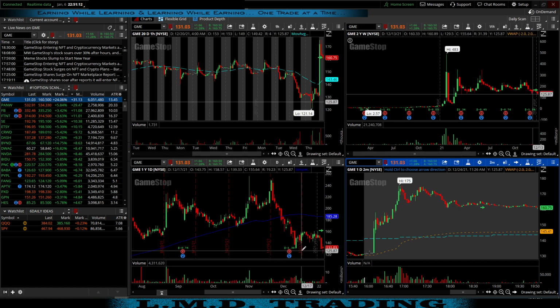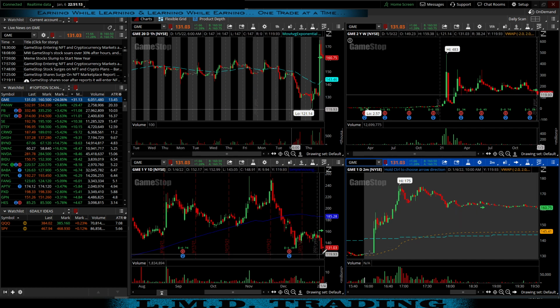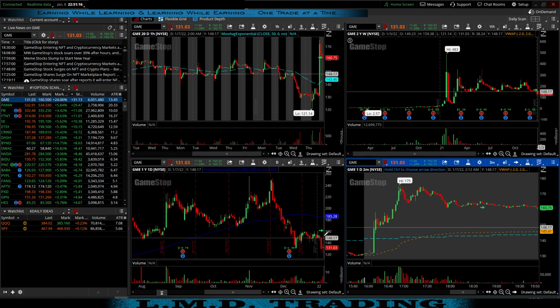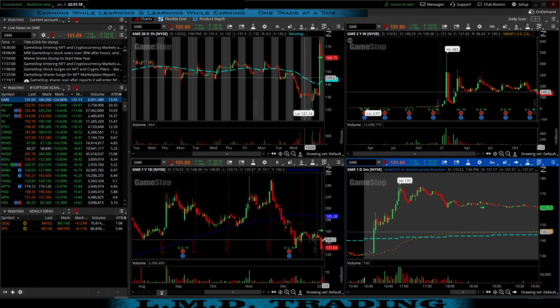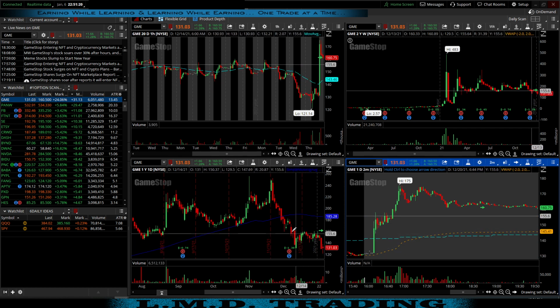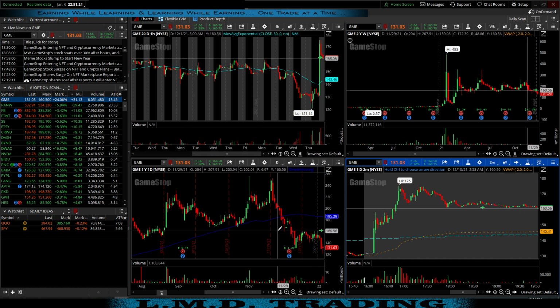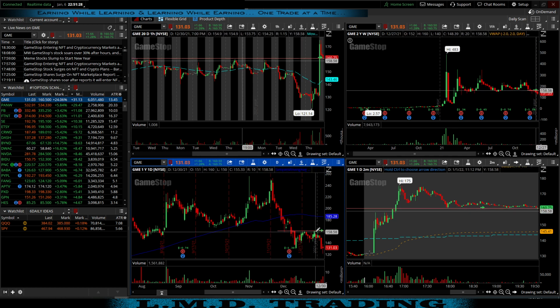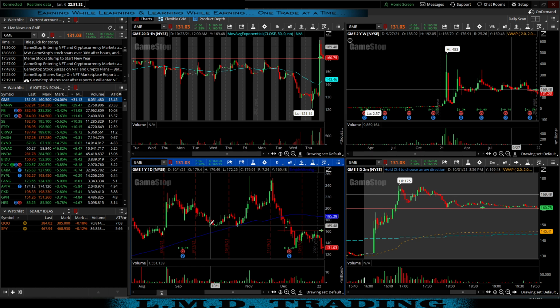So if this was in the morning, I would see that it's gapping over these red candles. It's gapping over this area here of resistance. So I drop a line right there, and I would drop a line wherever the next area of resistance is going to be, which is right there.